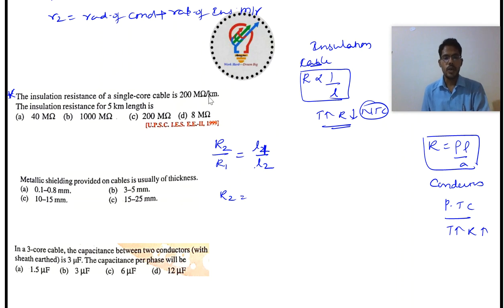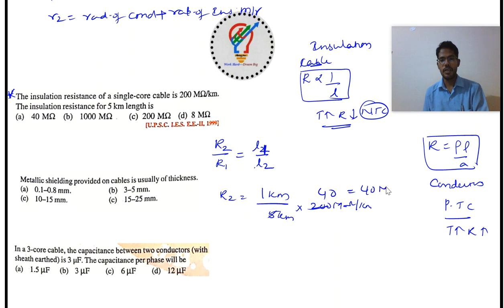L1 value is 1 kilometer, and L2 will be 5 kilometer, and the R1 value is 200 megaohms per kilometer. So what we'll get here is 40 megaohm. So this is the right answer for this question.